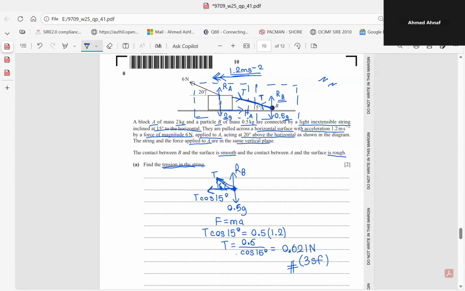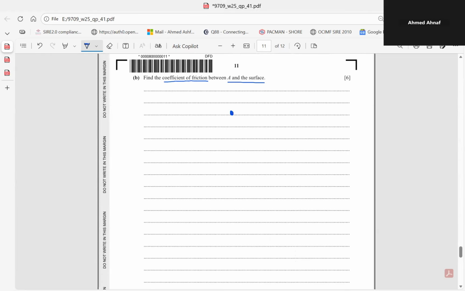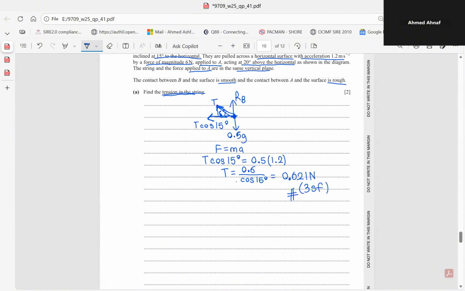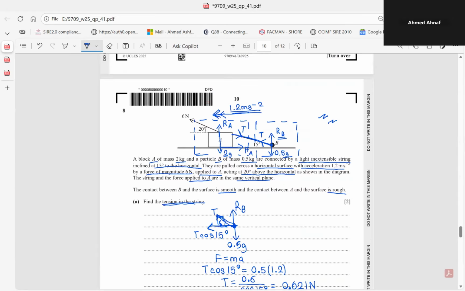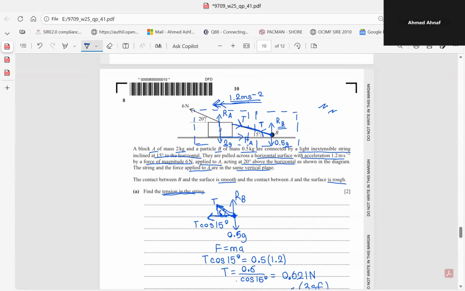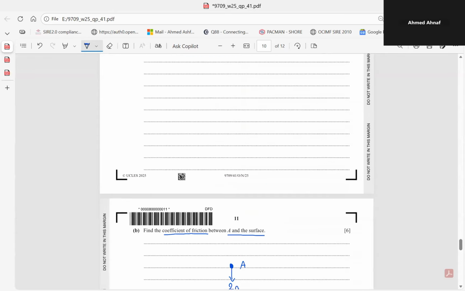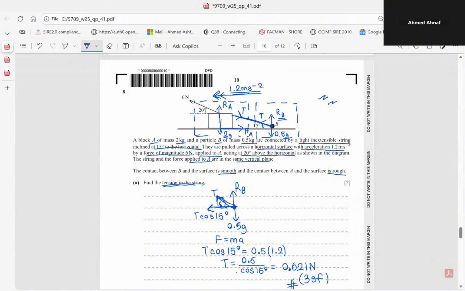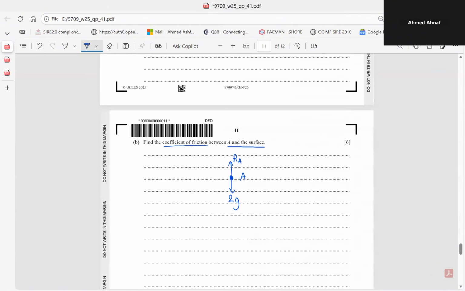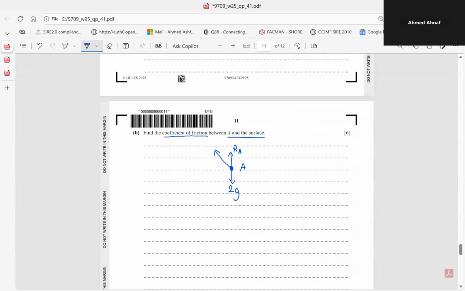Okay, so I'm just going to redraw A, this time as a particle. The forces acting are the weight of A, that's 2G, RA, and a 6 newton pulling force at 20 degrees.